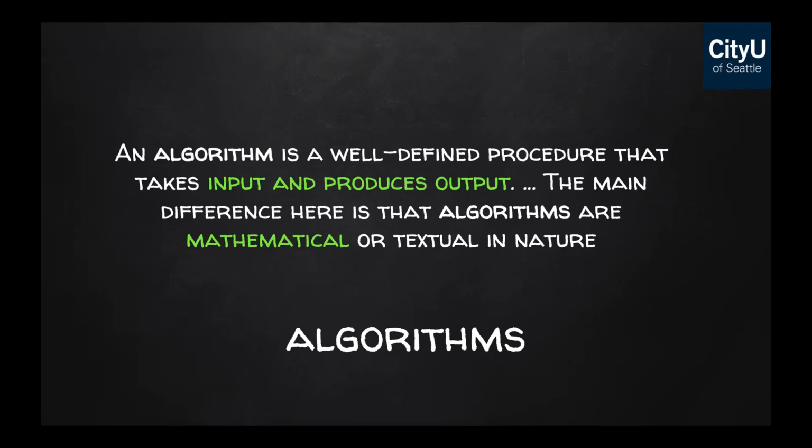The main difference here is that algorithms are mathematical or textual in nature. So you can go down the rabbit hole of studying algorithms and be very good at making your code efficient and keep on refactoring it.